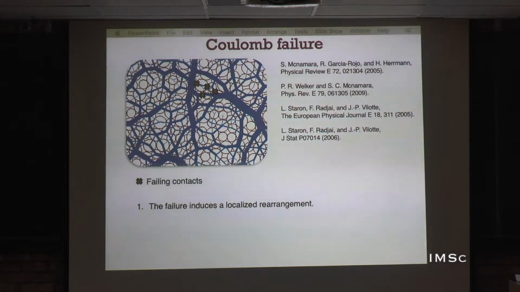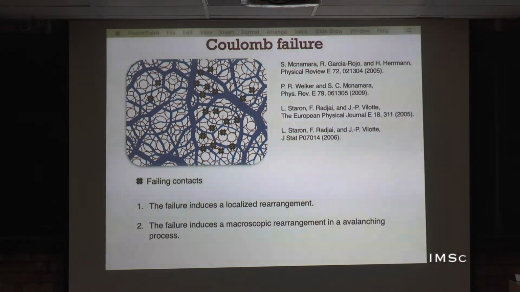Or the other possibility is that you have a propagation of failures that spans the whole system, and this makes the system unstable, and the system starts moving. This proposal was investigated a lot in the context of avalanches. You have grains on a plate, and then you increase the tilt angle. At some point, the grains start flowing. What happens when it starts flowing?